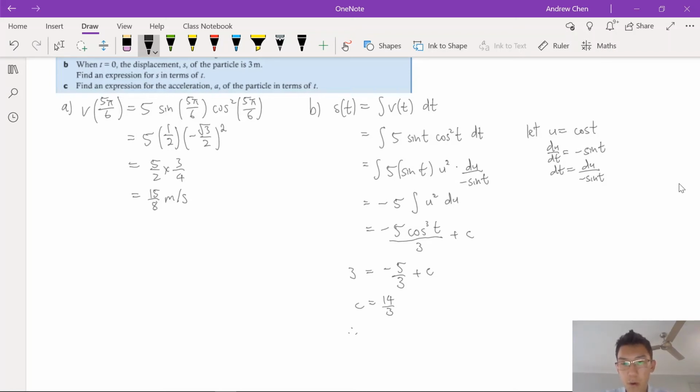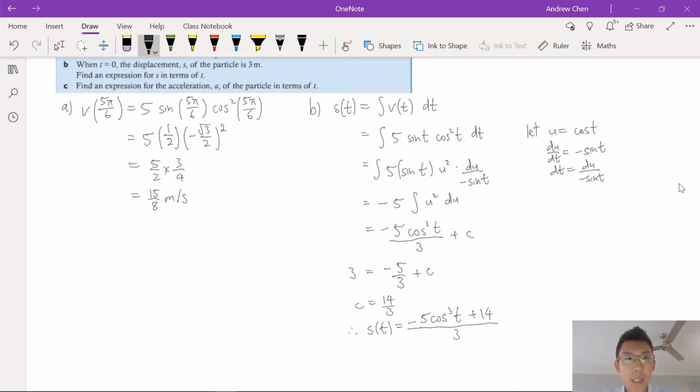Therefore my displacement function is negative 5 cos cubed t. Since everything's over 3, I'm just going to write plus 14 all over 3, like that. Alright, so that's B. Bit of a tricky one. A lot involved there.